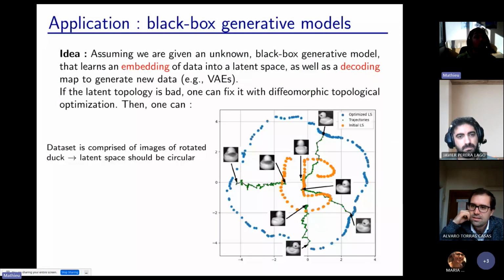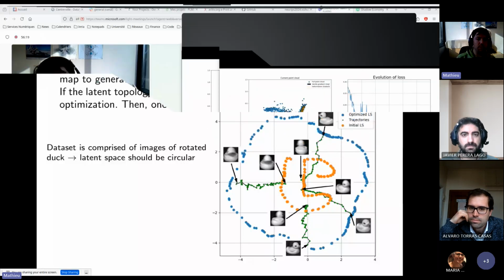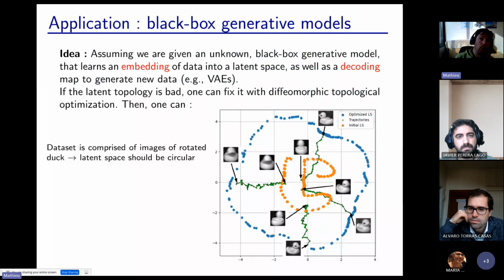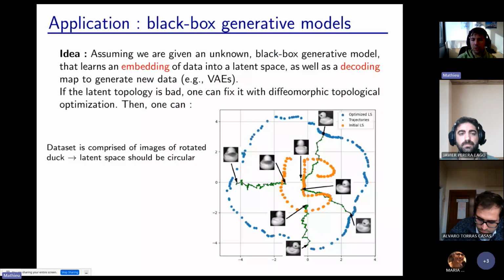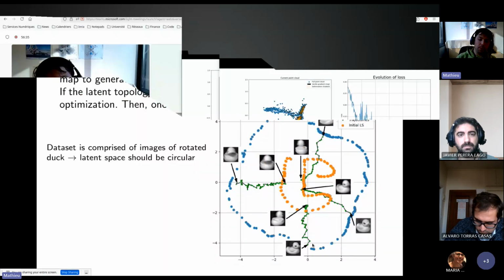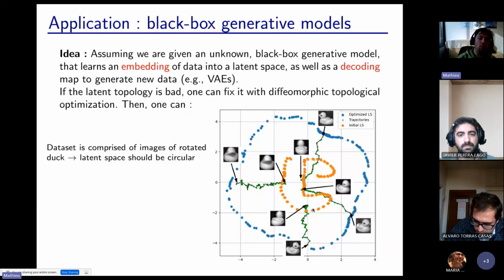Actually, for now, we don't really have a way to decide or answer this. We're proceeding qualitatively, in the sense that we optimize, we see some circles, and then in order to decide whether this is good or not, or what circles we should actually focus on, we basically look at what the associated data points are.